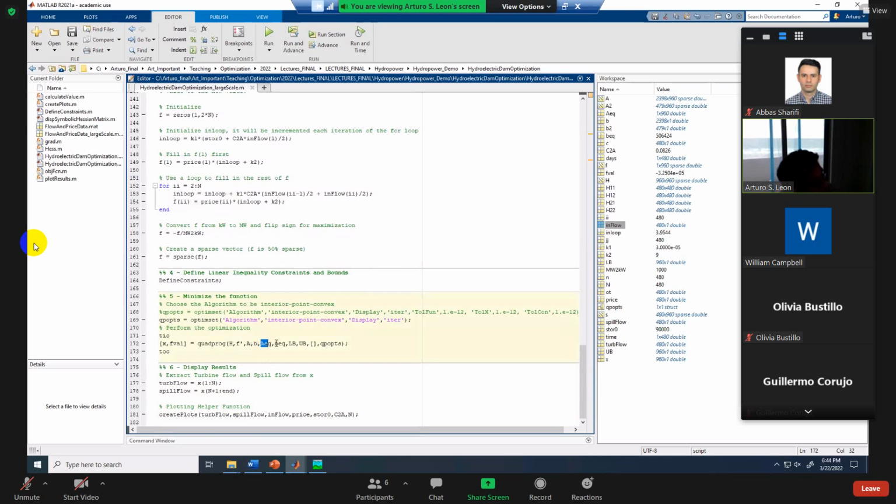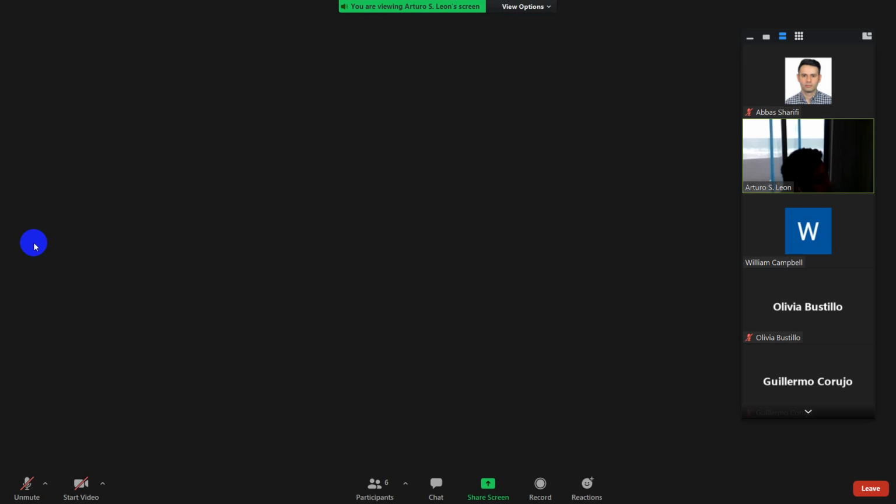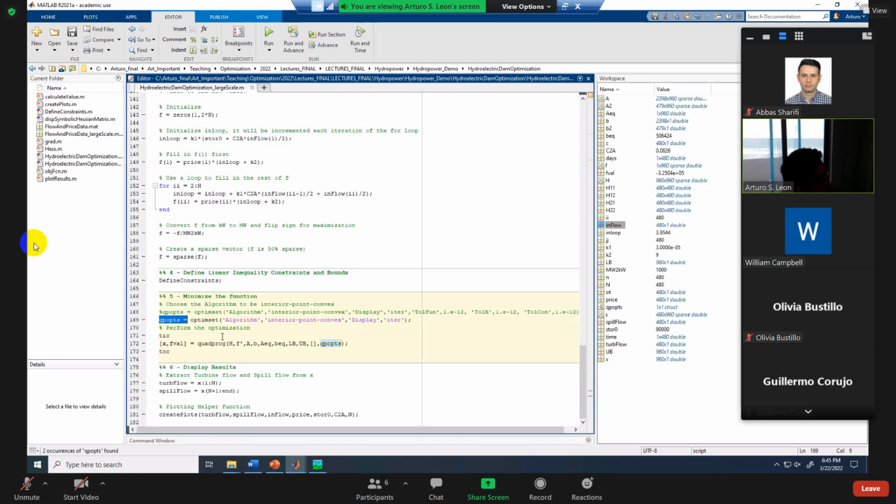Aeq and beq are equality constraints, similar to what we have done in class. LB and UB mean lower boundary and upper boundary. So this is the boundary that you specify for the decision variables. And qopts is simply the options for the quadratic programming.